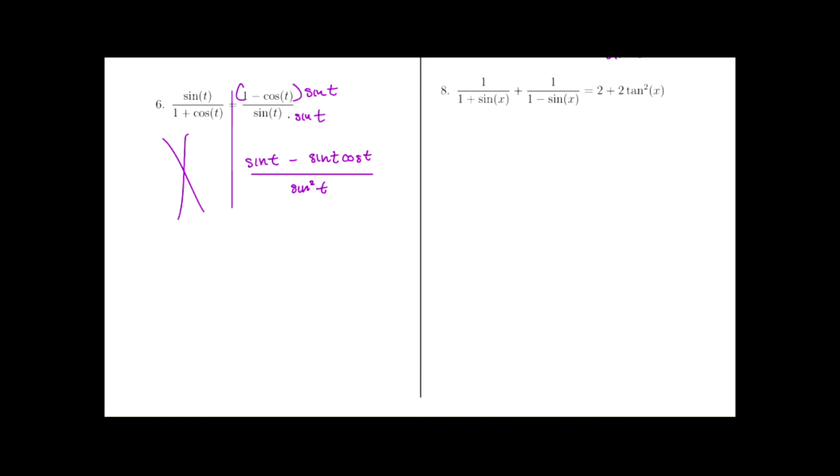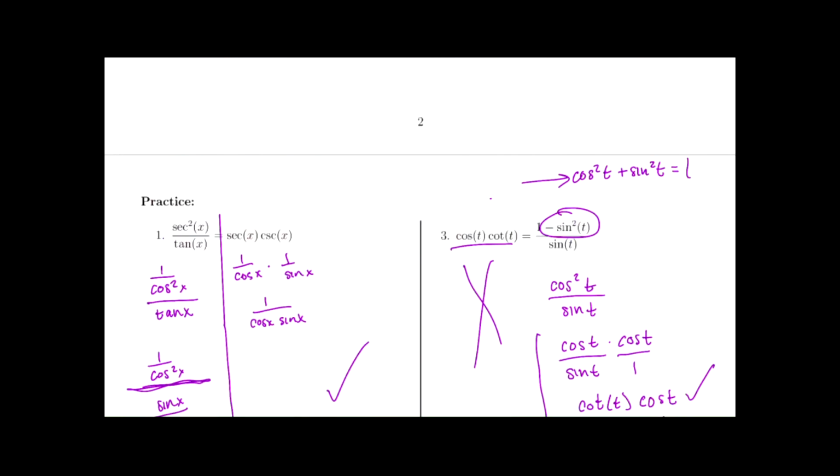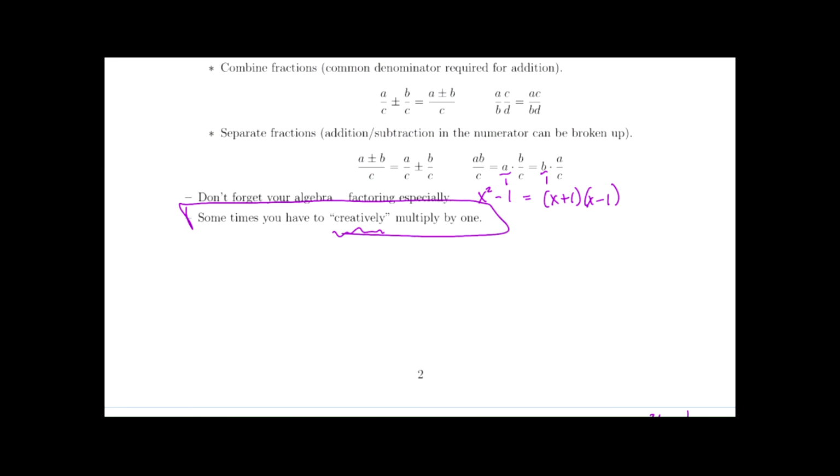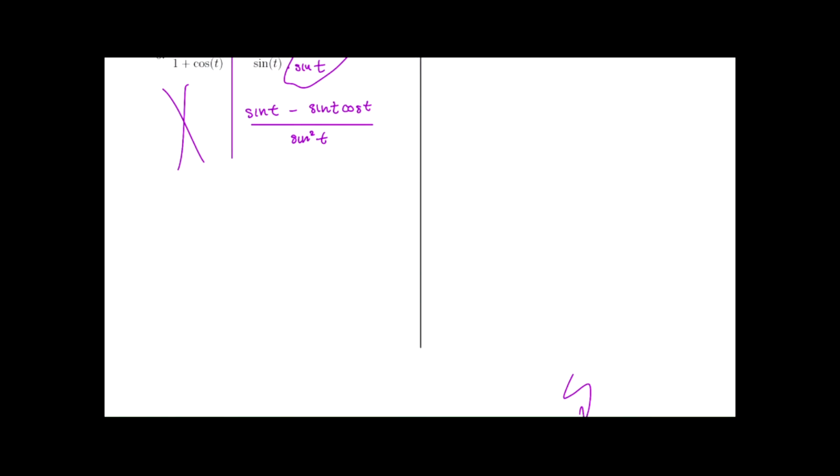So I'm just going to make it squared by multiplying by 1. You see, I multiply by 1. I haven't changed anything. Sine t over sine t, that is equal to 1. Sometimes you have to creatively multiply by 1. In this case, it was sine t over sine t, because that gives us something to work with.